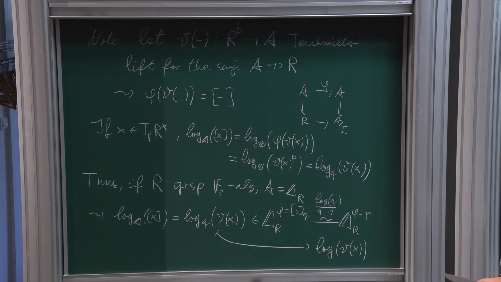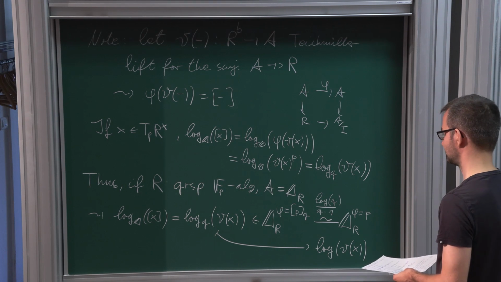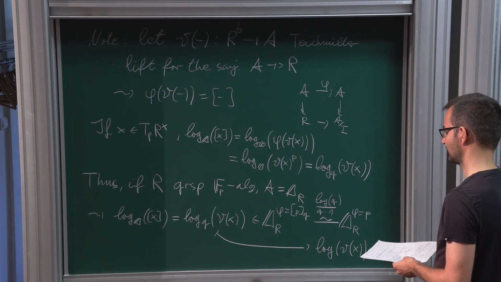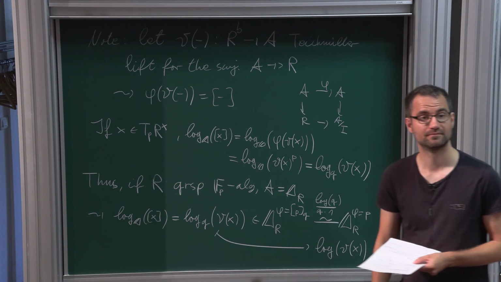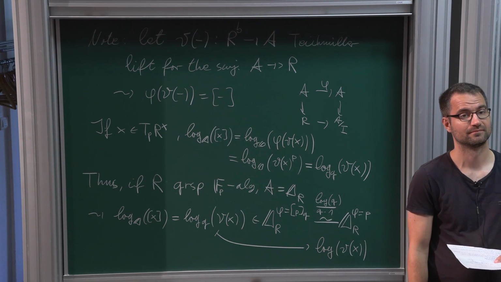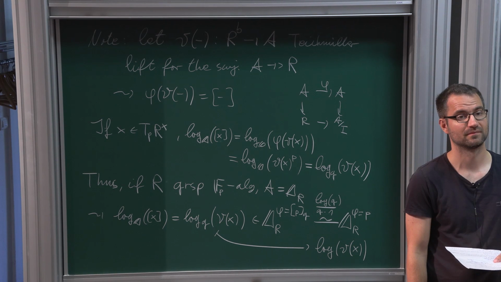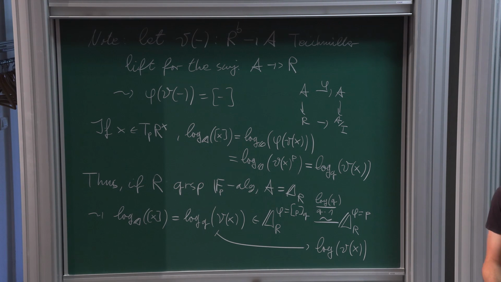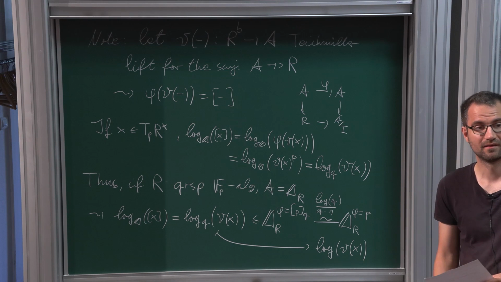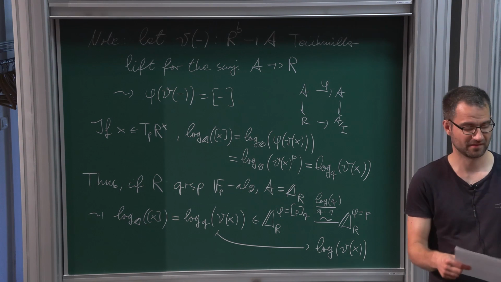So the prism of R, in this case, lies over the cyclotomic prism? Yes. So the phi here is a phi A, or is it the ordinary phi? Say again?